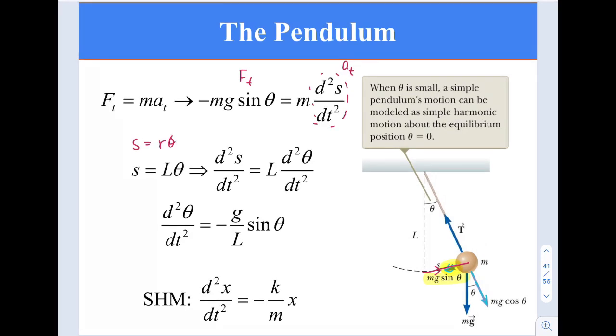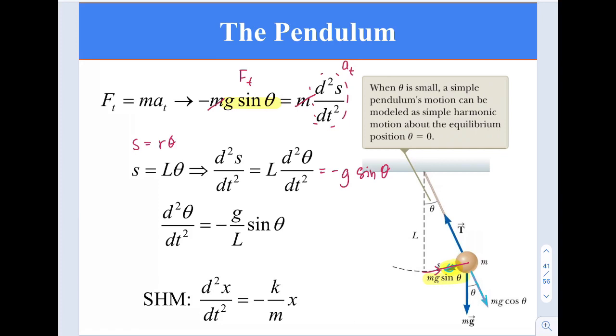Then we also know that this one is equivalent to this, and this one is also equivalent to this. So if we see here, d squared S over dt squared is equivalent to g sin theta. Then we are going to put it here, negative g sin theta.